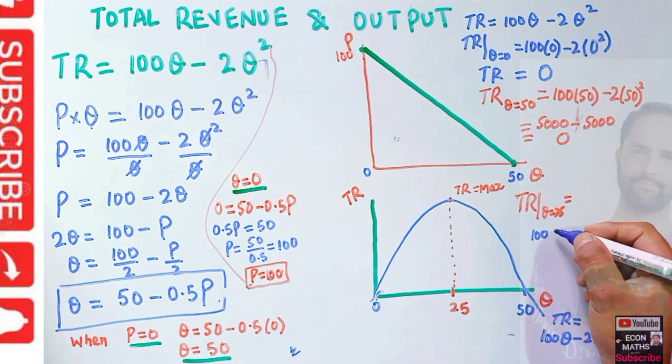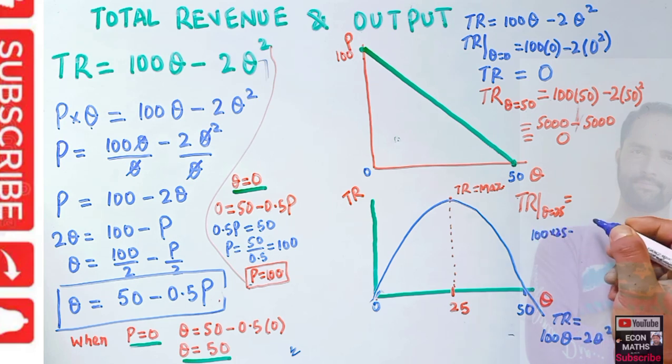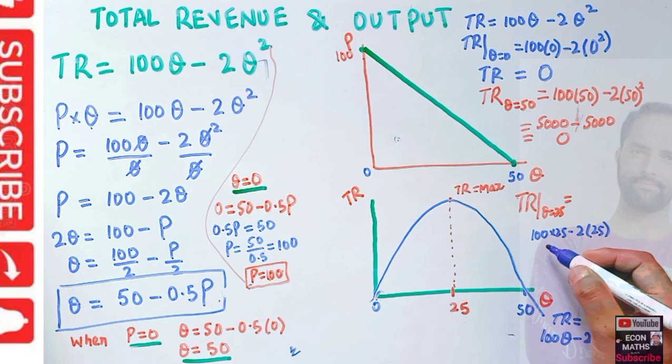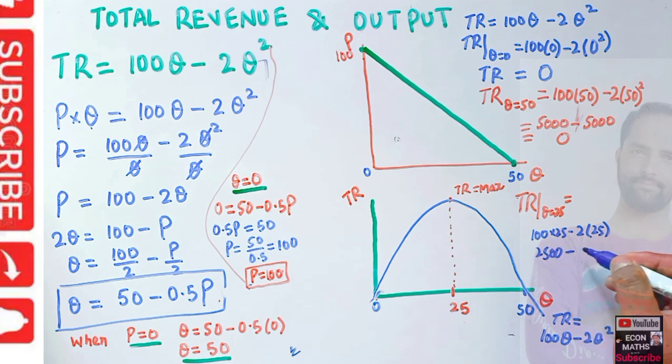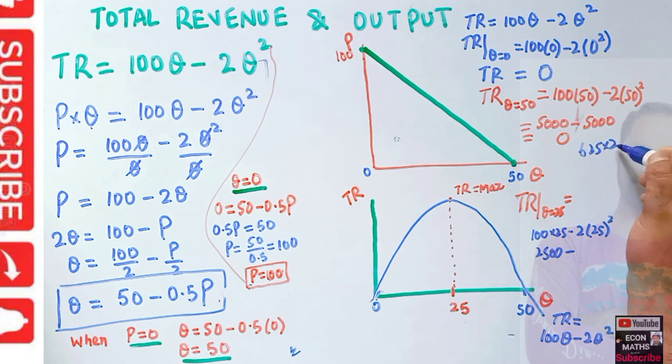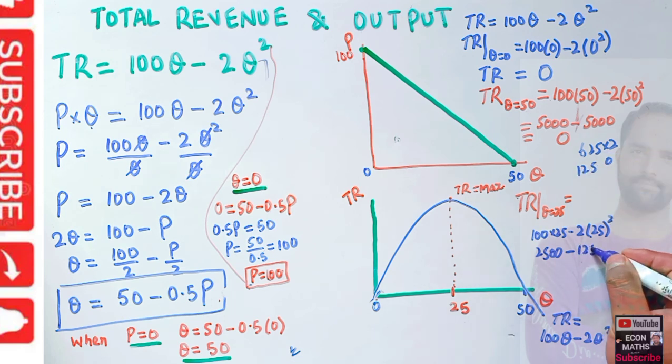So we have 100 into 25, which is 2500, minus 2 into 25 square. 25 into 25 comes out to be 625, and 625 into 2 comes out to be 1250.